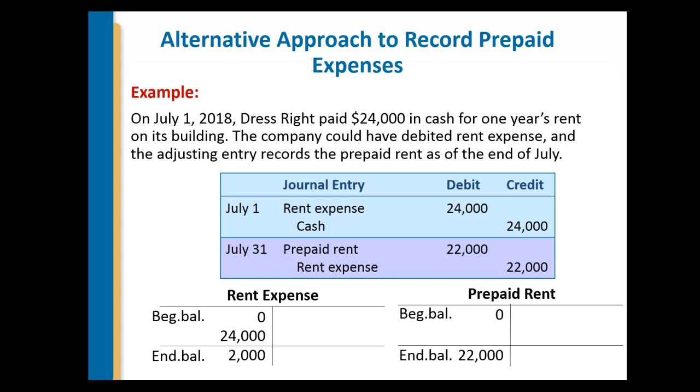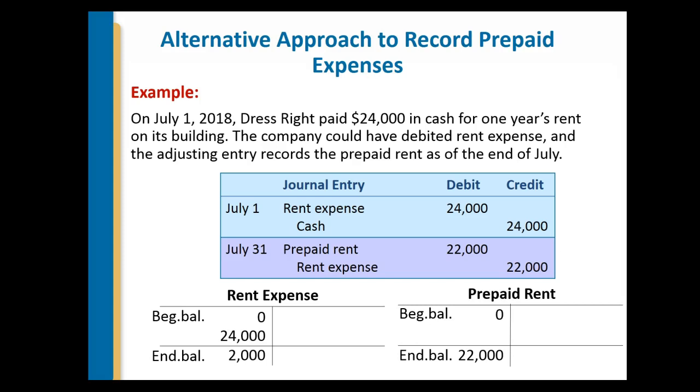Here's an example. On July 1st, 2018, DressRight paid $24,000 in cash for 1 year's rent on its building. Now, this could be recorded as a debit to rent expense and a credit to cash. The adjusting entry then records the amount of prepaid rent as of the end of July, $22,000, and reduces rent expense to $2,000, the cost of rent for the month of July.